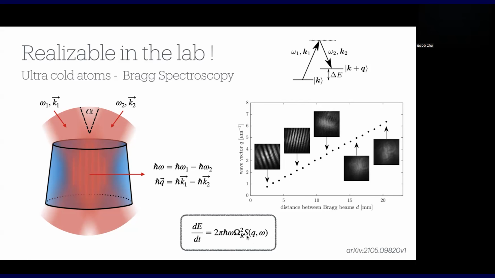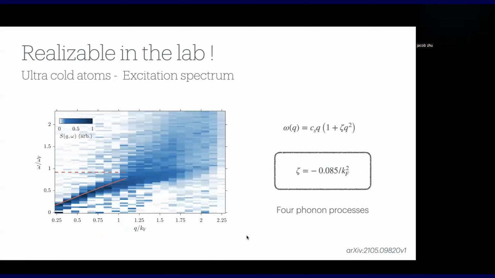That's the one we are interested in because it peaks exactly along the dispersion relation. So here you have a plot of S, omega as a function of q. You really see, in dark blue, it peaks along the red curve that we understand as the dispersion relation.